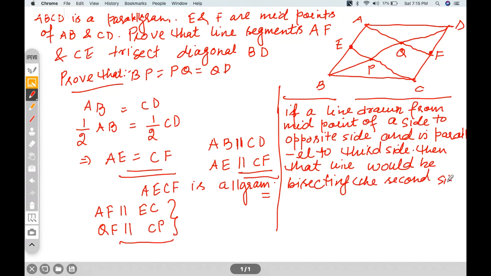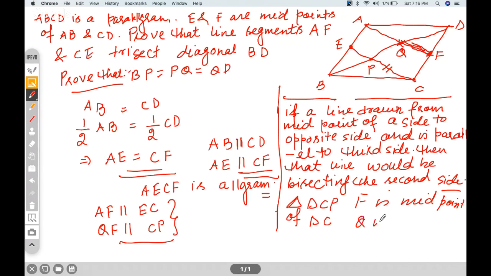What I am trying to say by this theorem is that this F is midpoint. If I take triangle DCP, so F is midpoint of DC. Now from F I am drawing a line FQ which is parallel to CP. It means that this Q is midpoint of line DP.